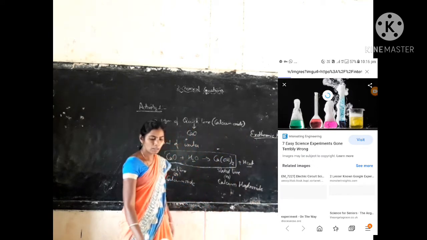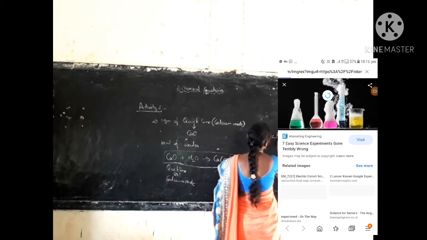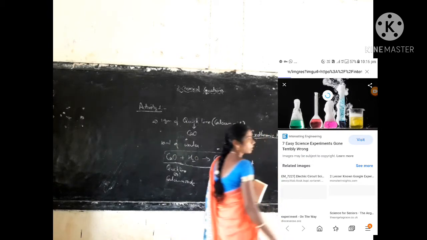Rxn means reaction. Now you can get the full form also. I will write the full form also. See here. Exothermic reaction. So what is an exothermic reaction?